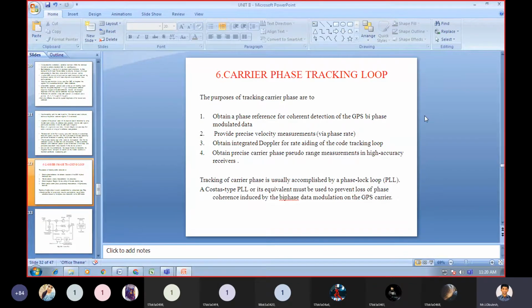Tracking of carrier phase is usually accomplished by a phase lock loop.